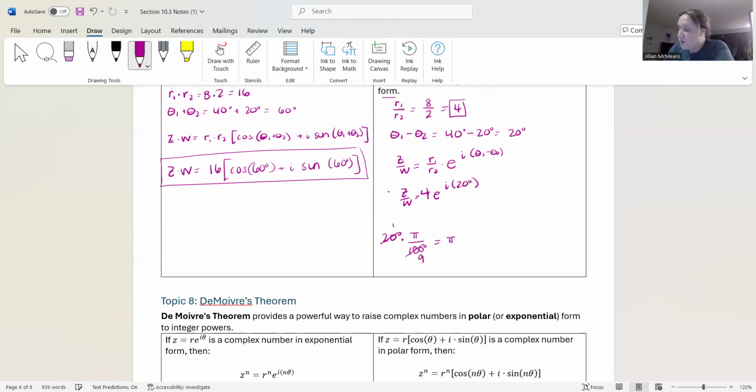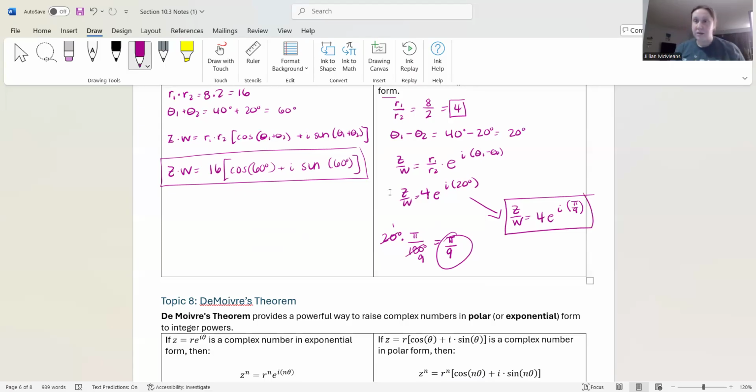So we could say that 20 degrees is really pi over 9 radians, and this is what we need to use. So we're going to say z over w equals 4 times e to the i times pi over 9 radians, and then we're good.